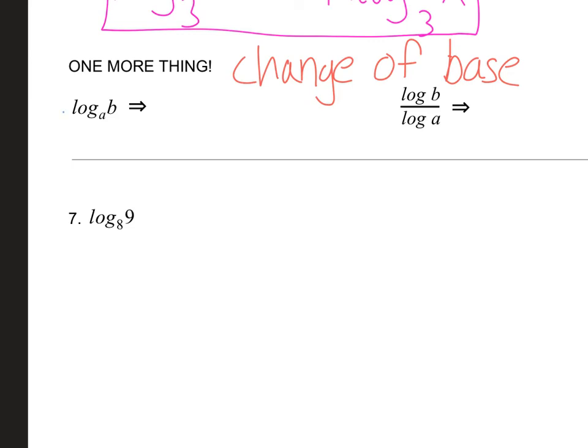So how am I going to write this? This is going to be weird. So log of that first number, log of b, and you're going to put it over log of a. I'm going to erase that because that looks just horrible. So, log of b, and a is your base. So what you're going to do is take the log of b over log of a.